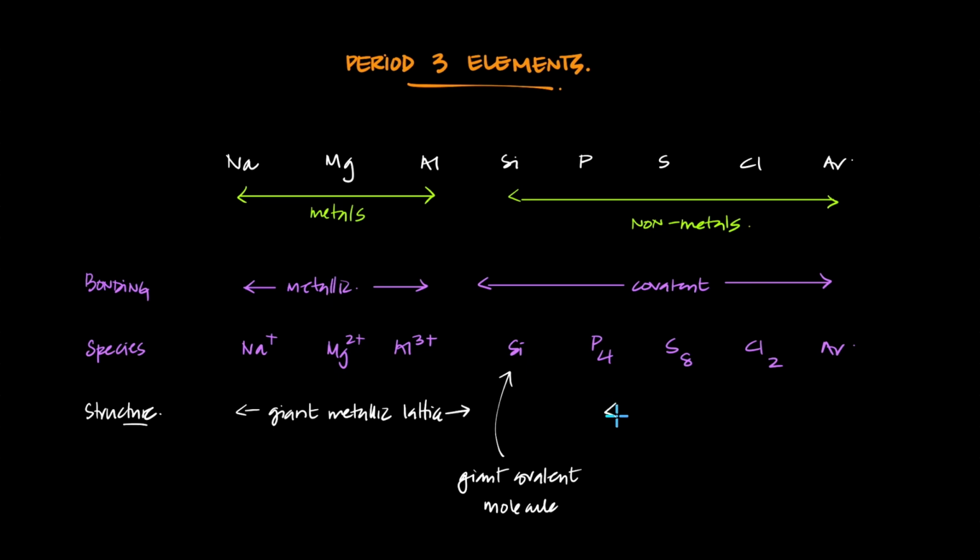The rest have what we call a simple molecular structure, or another word is simple covalent molecules. The properties of simple molecules are determined by their intermolecular forces. Silicon is just like diamond, and these three are metallic lattices.